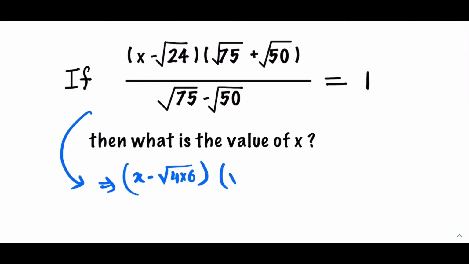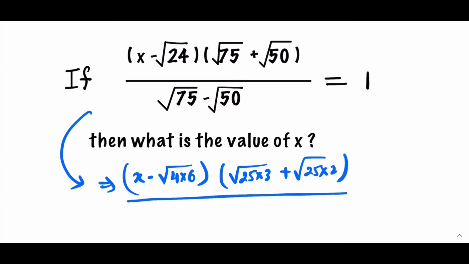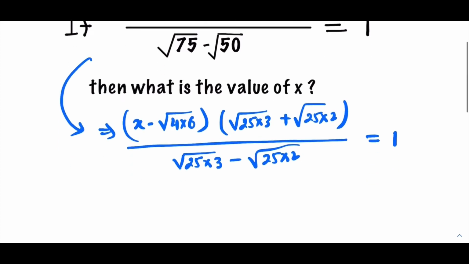and root 75 as root of 25 into 3 plus root 50, which is root of 25 into 2, upon root 75 as root of 25 into 3 minus root of 25 into 2, equals 1.